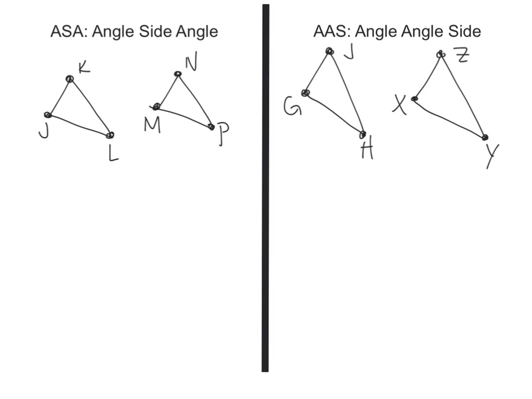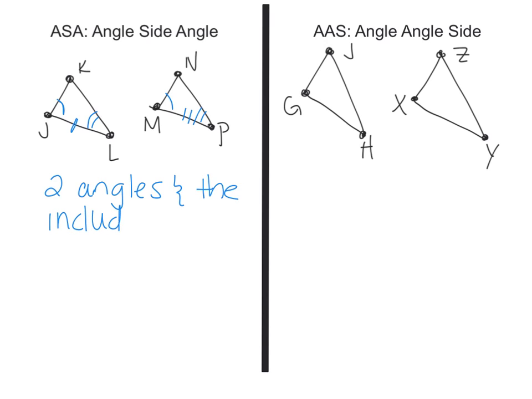Okay, so if I look here, I have angle, side, angle. That's saying exactly what it was saying before. I need to have an angle, the included side, and then the other angle. So I have two angles and the included side.